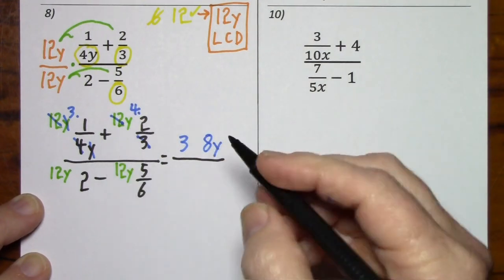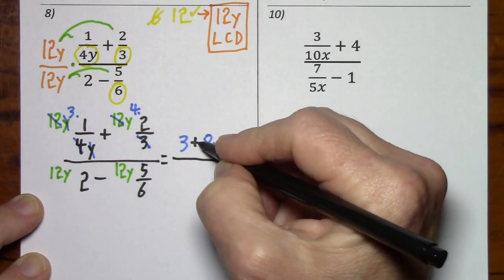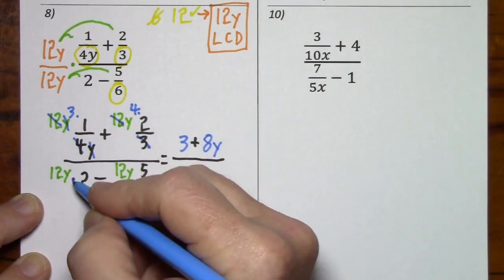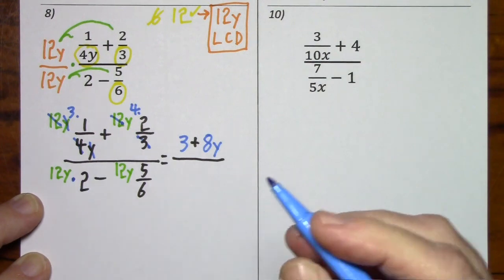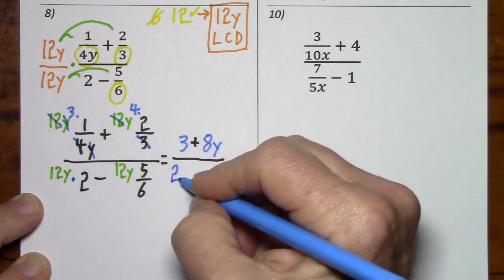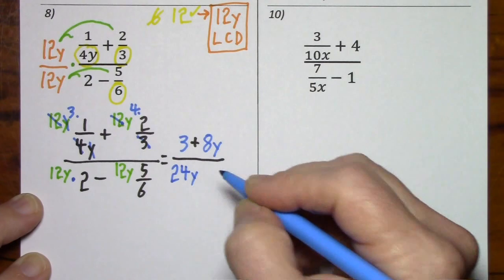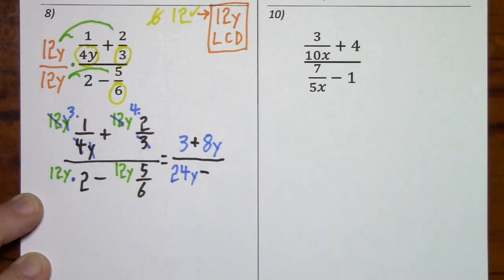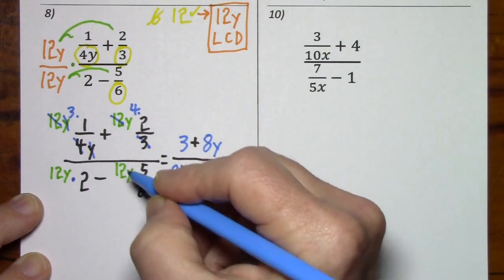I need to bring over the positive or the plus. Here there's nothing to simplify. We just multiply. 2 times 12 is 24. And you bring along the y. It's negative. Divide by 6.